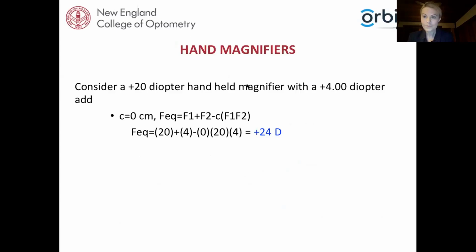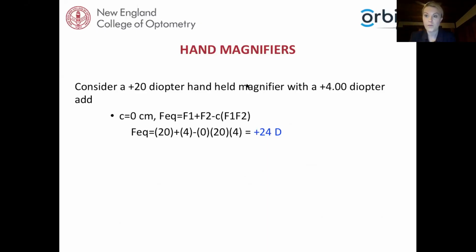So to sort of prove this theory, let's go through some examples. So here we have a 20 diopter handheld magnifier, and the patient is wearing some bifocals with a +4 near addition. So if the patient is looking through the bifocal and looking through the hand magnifier, the total equivalent power that they're going to get out of the system if they're holding the hand magnifier right up against the glasses is going to be 24 diopters.